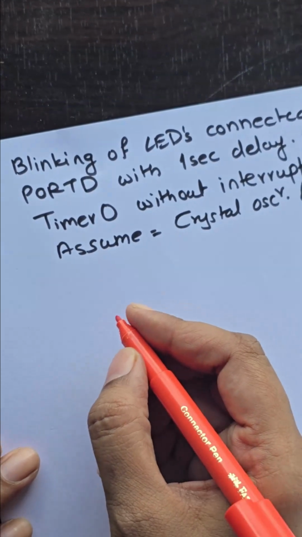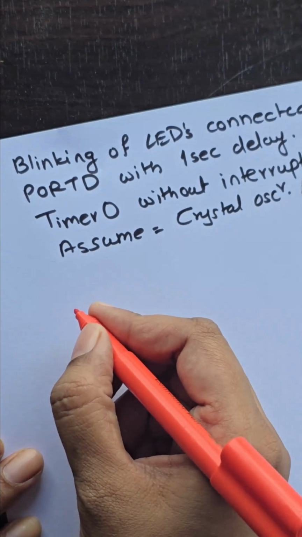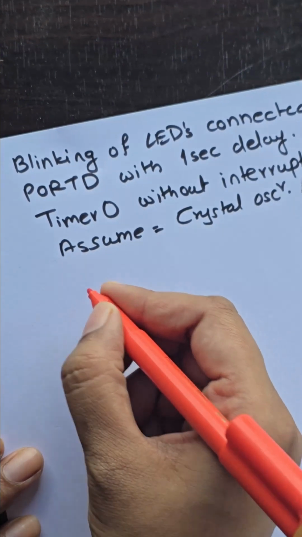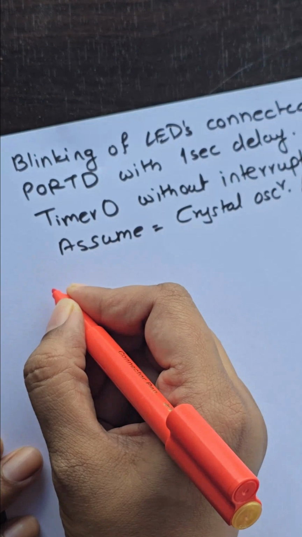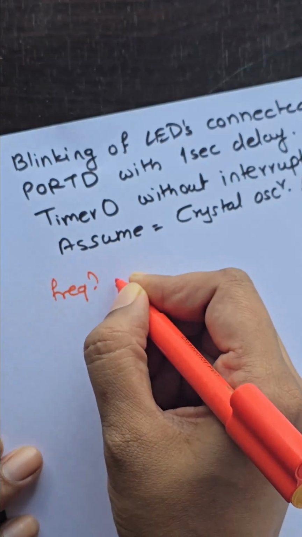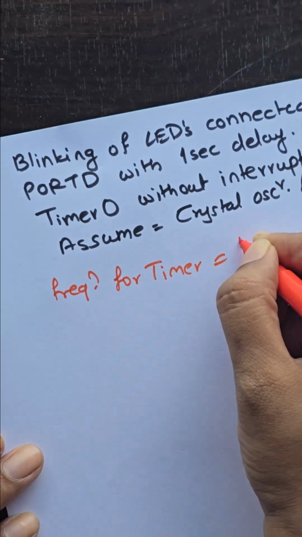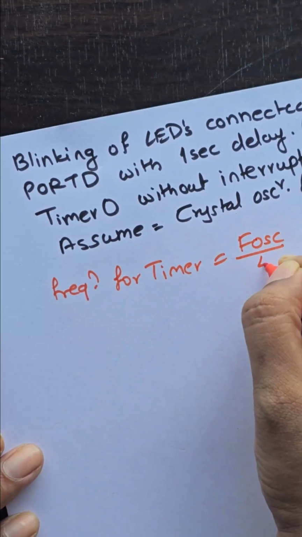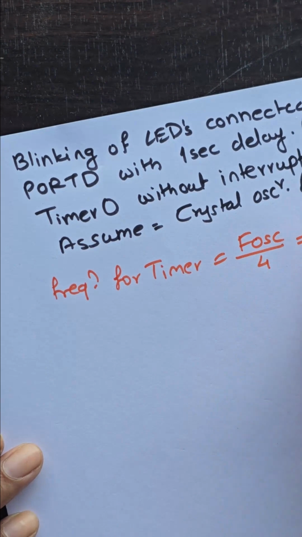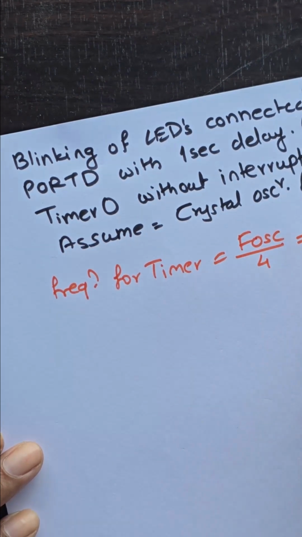For that purpose, we start by finding the timer frequency first. The frequency for the timer will be the default frequency, which is f oscillator divided by 4. So 20 megahertz divided by 4 will be the timer frequency.